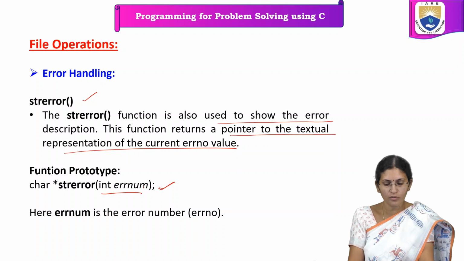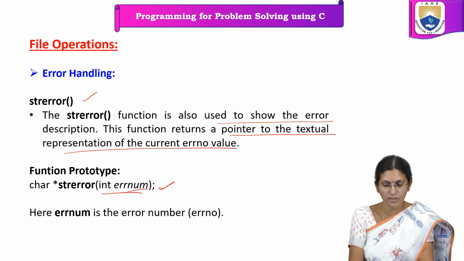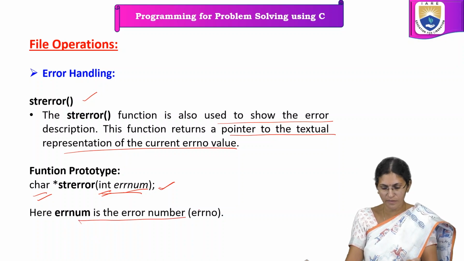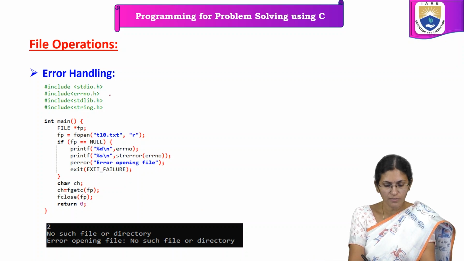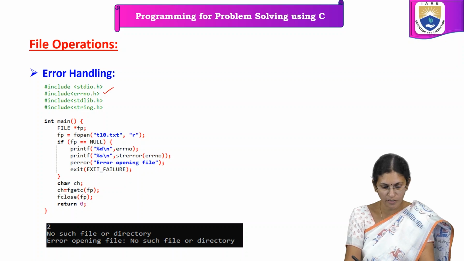You can see it takes one argument, an integer value. errno is an integer, so it takes an integer argument, and the return type is a character pointer. Here, errno is the error number, which is defined in the errno.h header file.